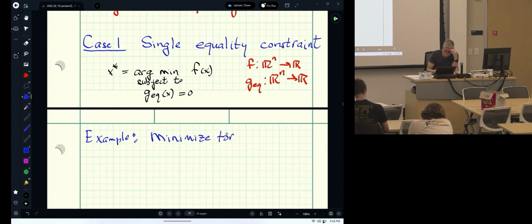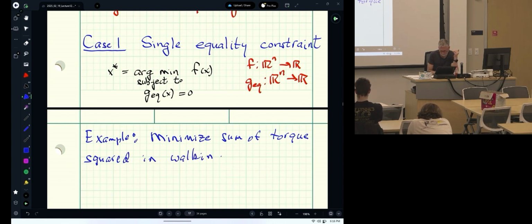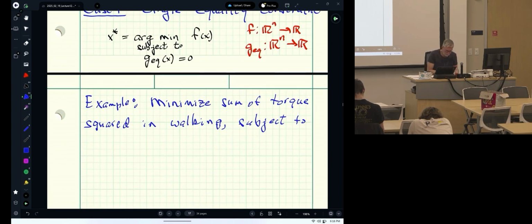Example: minimize the sum of torque squared in walking, subject to the speed equals v desired. Let's say that's 0.9 meters per second or something.